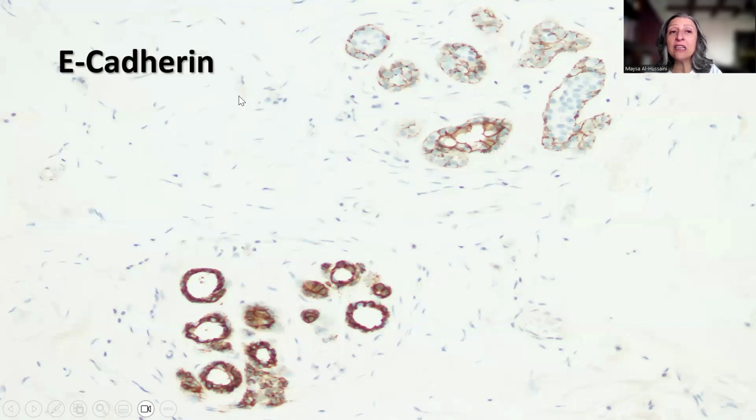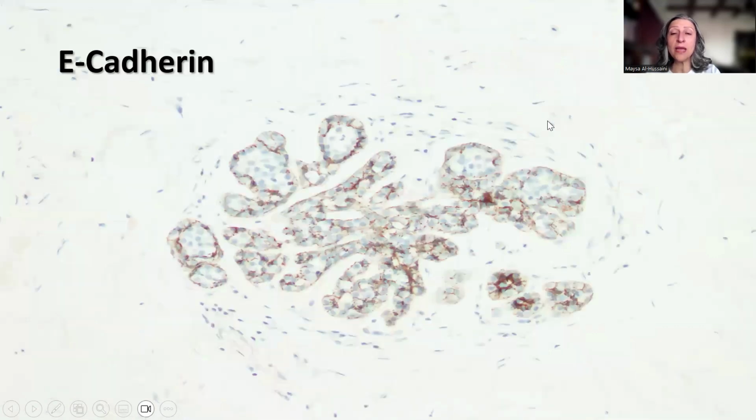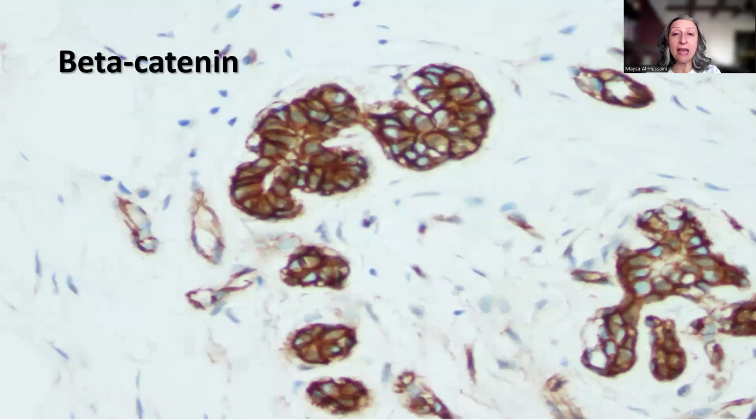So the signature of E-cadherin is loss of the membranous stain in between the tumor cells in lobular carcinoma, in this example in lobular carcinoma in situ. This is another focus where we can easily see some membranous staining of the stretched out myoepithelial cells, whereas the lobular in situ cells here show complete loss. There are no lines in between. Complete loss of the staining.